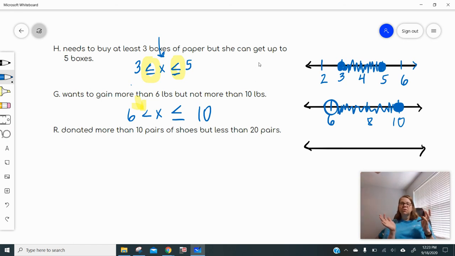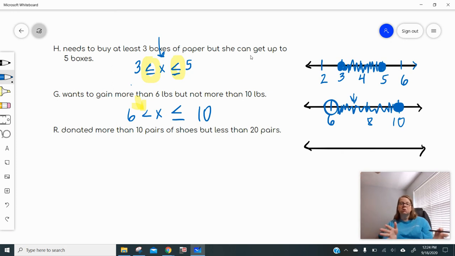So, ask yourself if the shading makes sense in this situation. If this person gains 7 pounds, which is in the shading here, are they going to be happy? Yep, that's more than 6, but not more than 10. So just in your mind, have a test point where you ask, does this make sense?